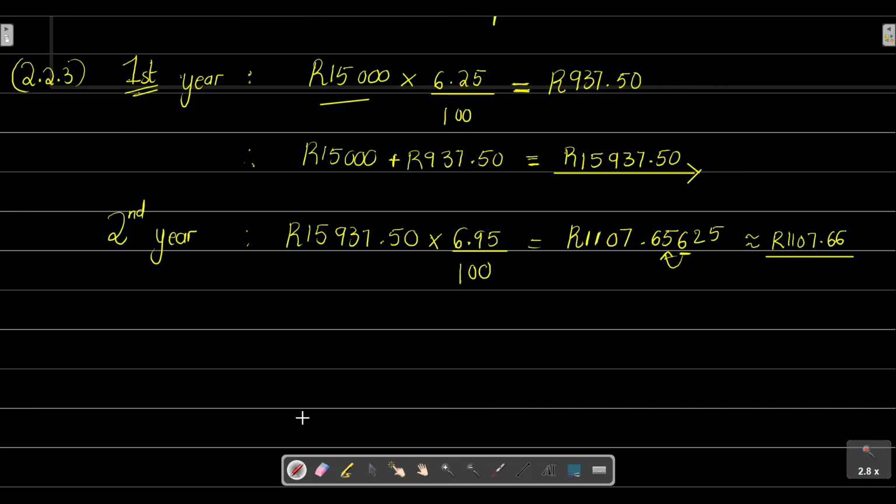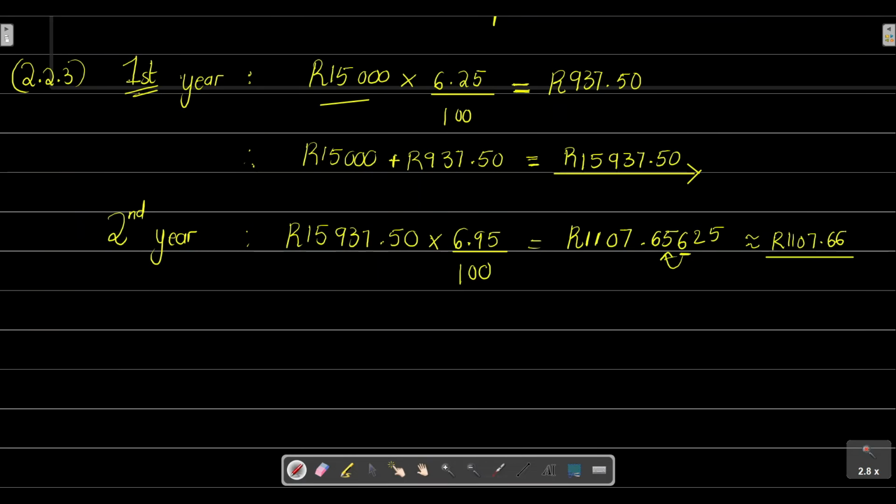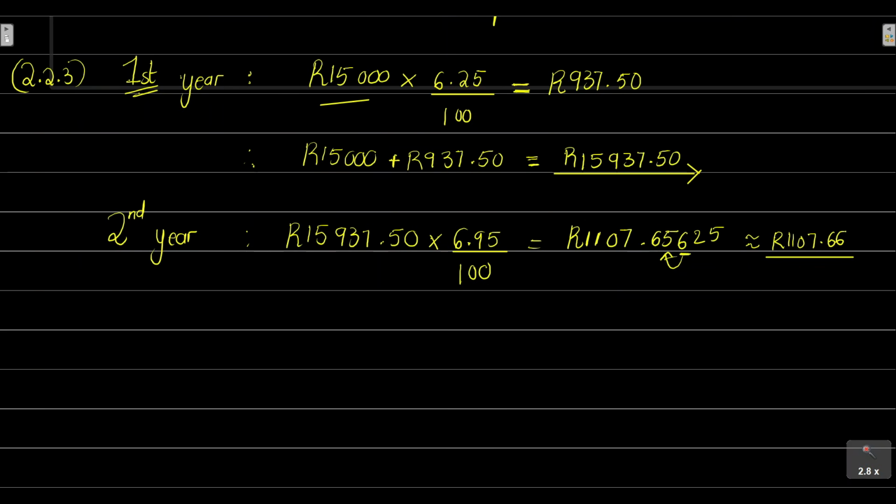However, we're not done. The question wants us to determine how much he will now have in his account at the end of the second year. Remember, he started the year with 15,937 rand 50 cents.